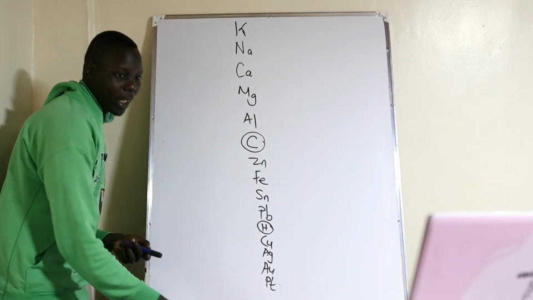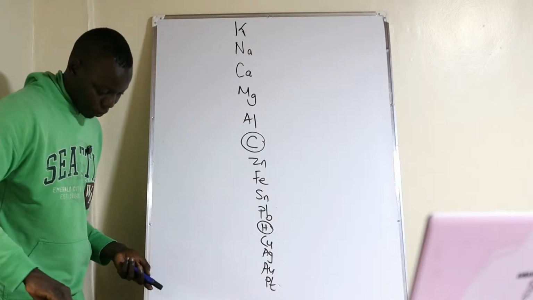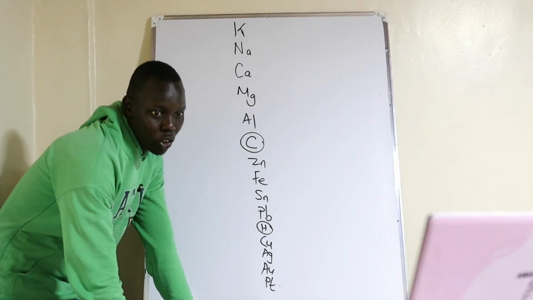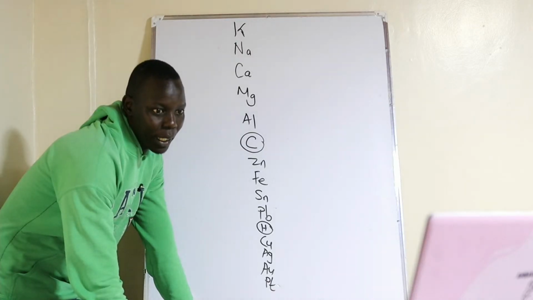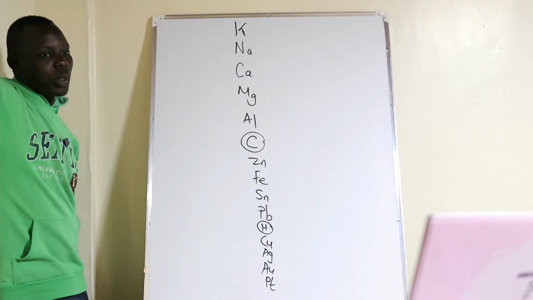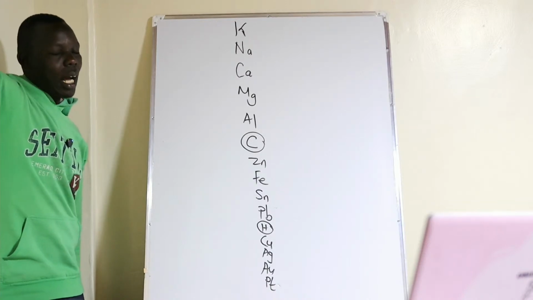I would like us to look at another property, which is going to be our third property. Did you know that carbon reacts with steam to give us carbon monoxide and hydrogen?